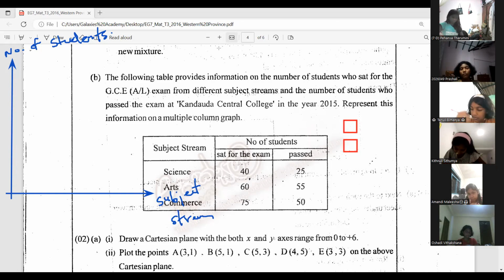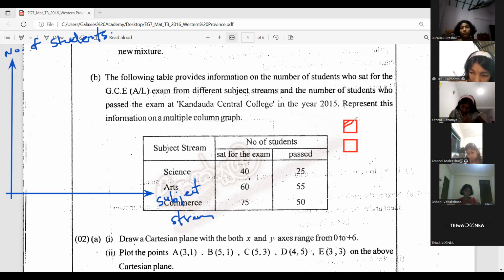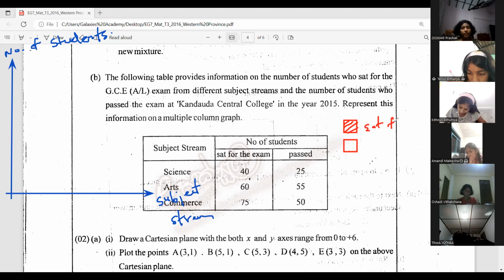Set for the exam, I will mark like this. You have to write this: set for the exam.